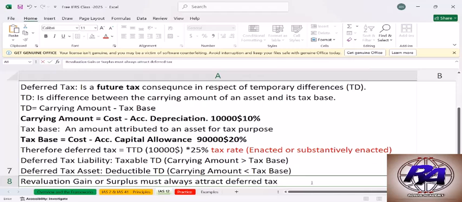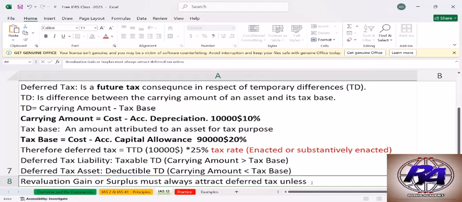So the deferred tax is always charged on revaluation gain or revaluation surplus; they are always a taxable temporary difference, which gives rise to deferred tax liability. Unless the question tells you to ignore deferred tax on it, that's when you ignore. Even when the question is silent, you need to charge deferred tax on the revaluation surplus or revaluation gain.